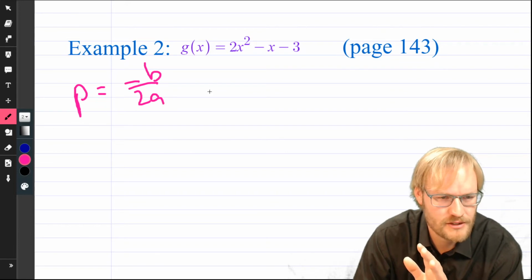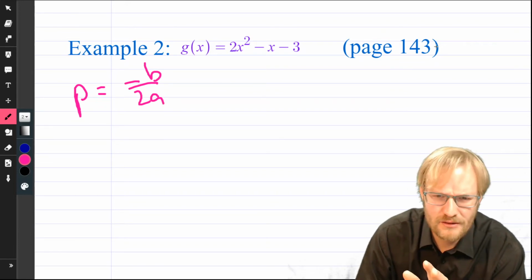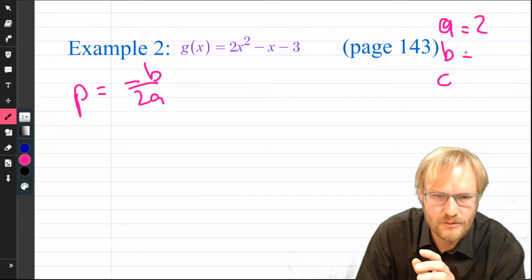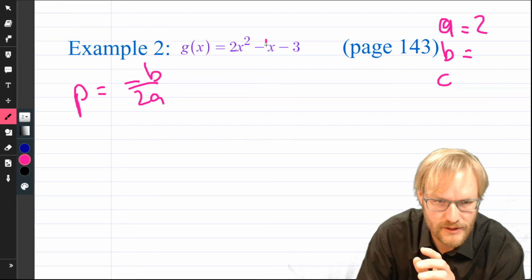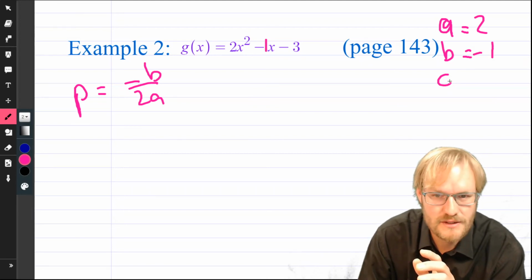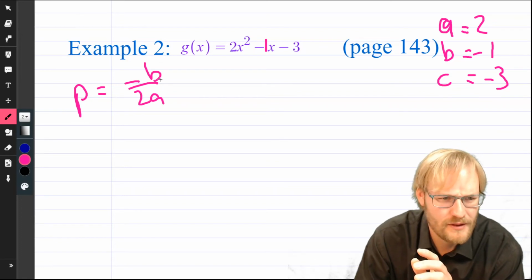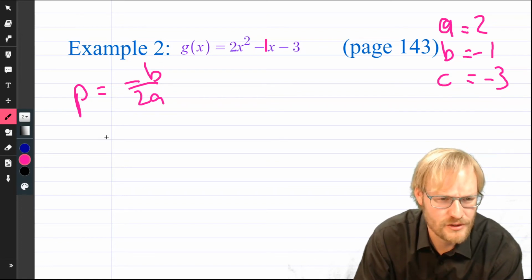Okay, so let's work that out. A, b, c: a is 2, b is minus 1, c is minus 3.